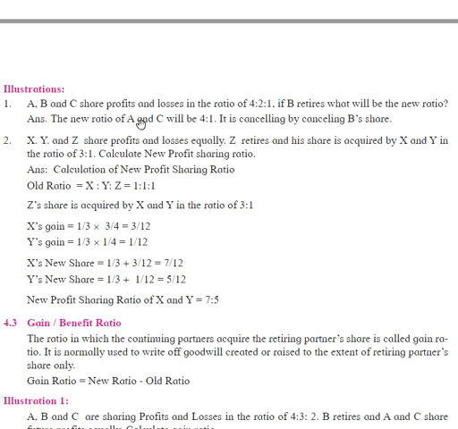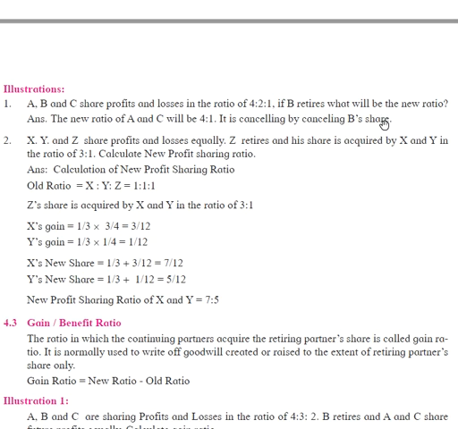Answer: the new ratio of A and C will be 4 is to 1. B's ratio is 2, A's ratio is 4 and C's ratio is 1. B is retiring, so the new ratio of A and C will be 4 is to 1, cancelling B's share.